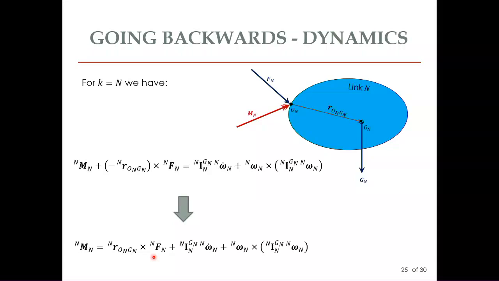So each of the things here, after the substitution, was calculated in terms of q1 until qn and their derivatives. Yes? No? It's important because when we go to link n-1, we already know these values. Okay, so this is the free body diagram.